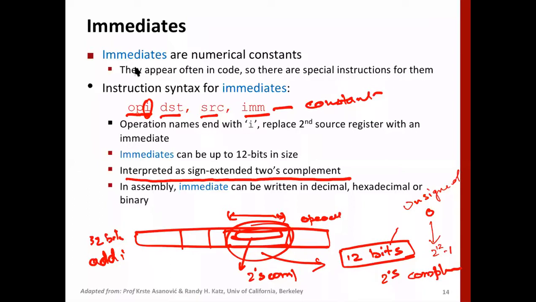What is sign extension? Did you study sign extension? Anyone? Or is it like the first bit is the sign bit? Yeah, very right. So basically in 2's complement, the MSB tells you whether it's negative or positive.